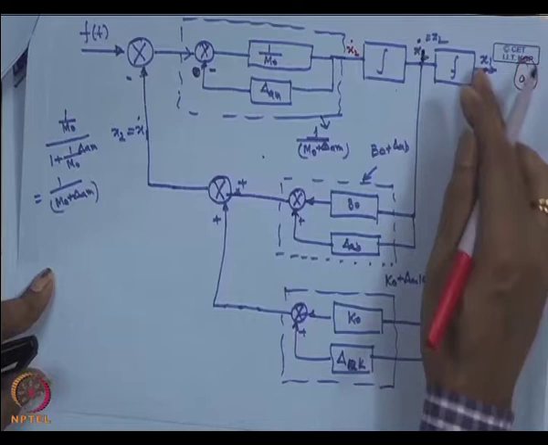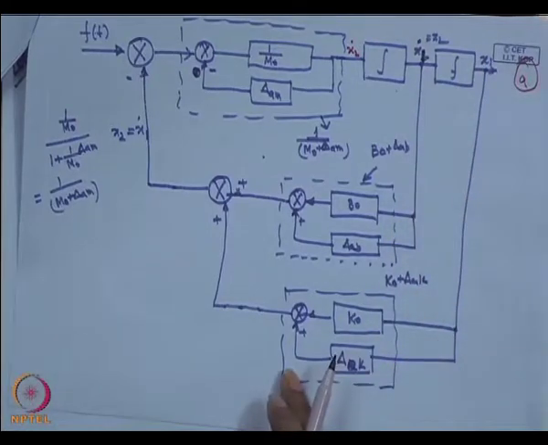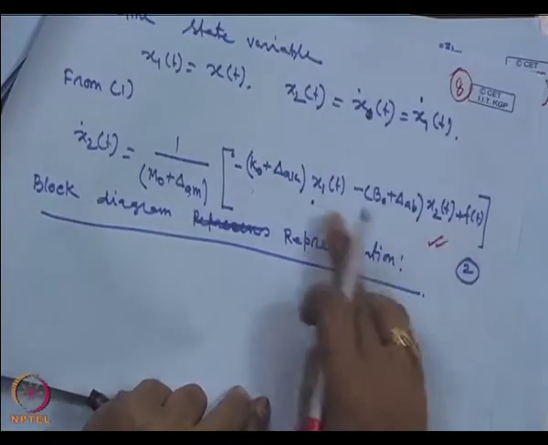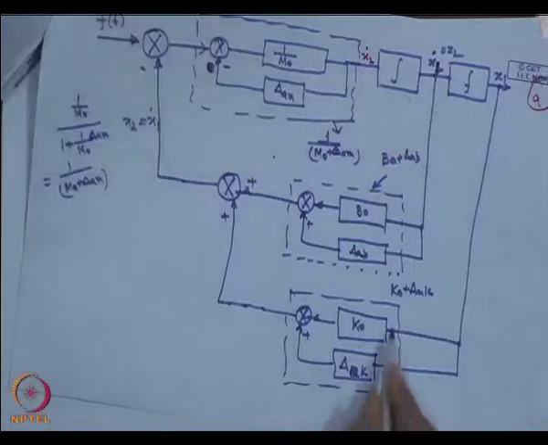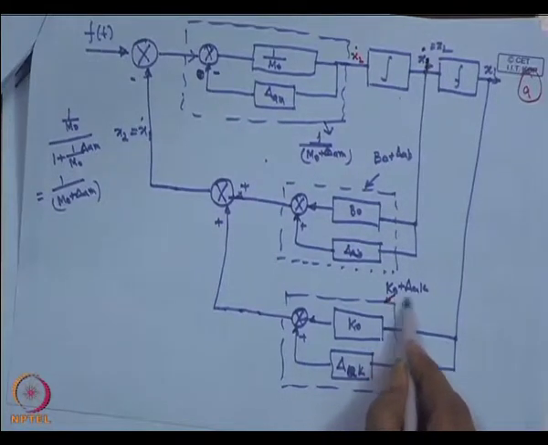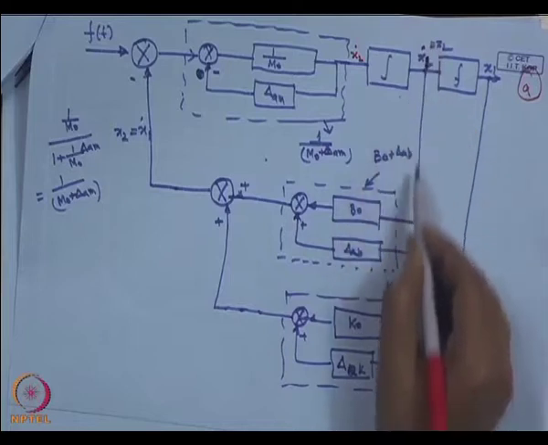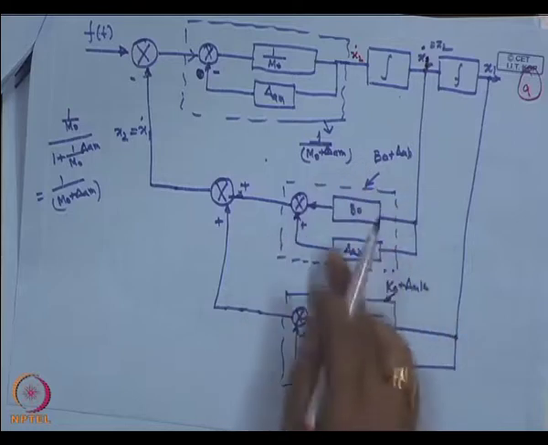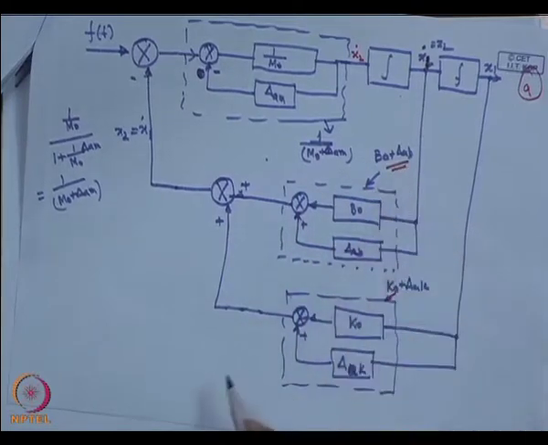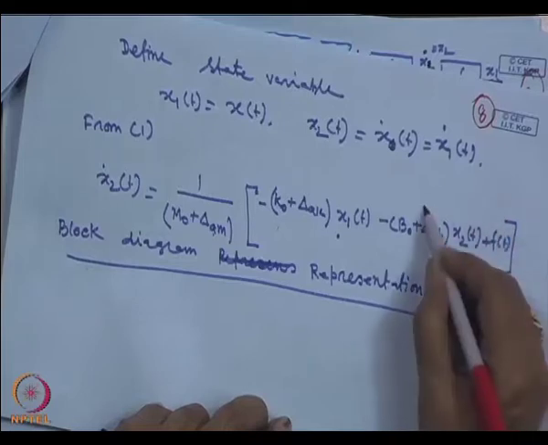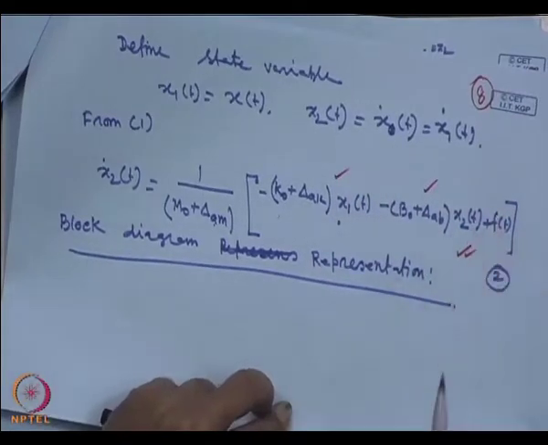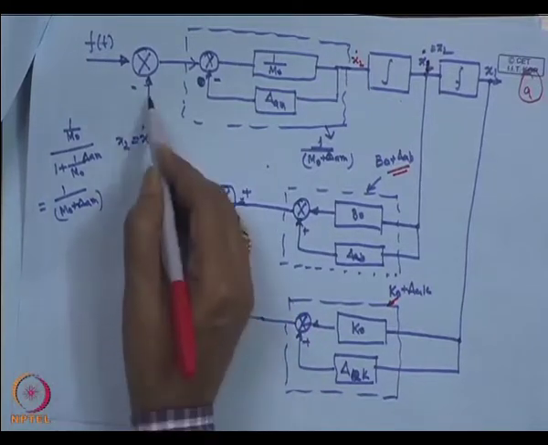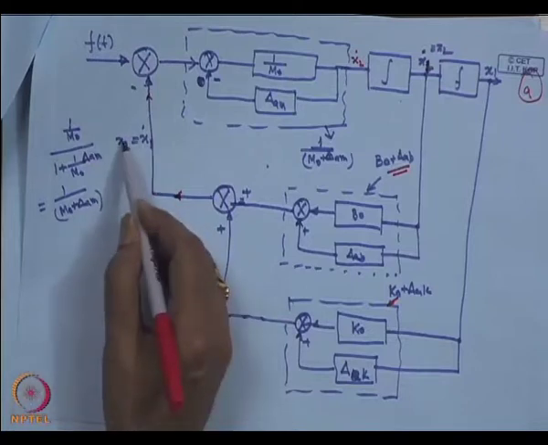Here x 1 is multiplied by k 0 plus delta A k, and this block is that one. Then x 2 is multiplied by b 0 plus delta b, and this combination is that one. These two terms we already have, along with f of t, so these signals come and go here.